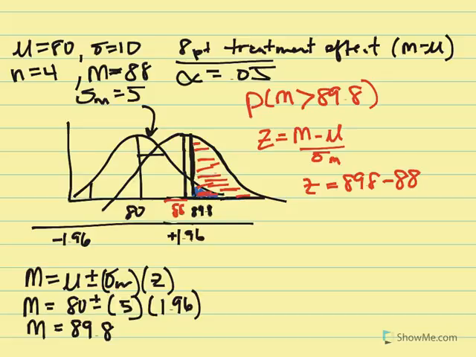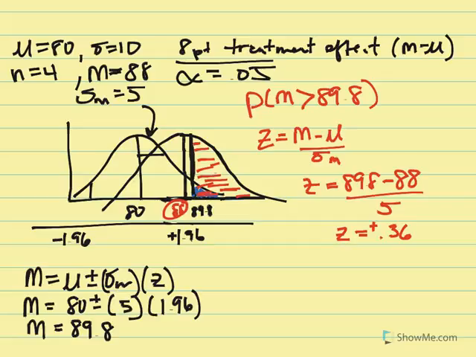So we keep it separate. And then divide by our standard error, which is the same for the treated population as the untreated, divide by 5. So our z value is equal to, in our calculators, 89.8 minus 88 divided by 5, and we get a z-score of 0.36. And again, notice it's positive because we are to the right of this value of 88.